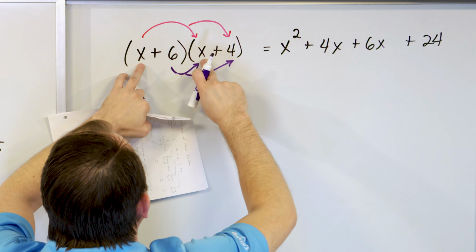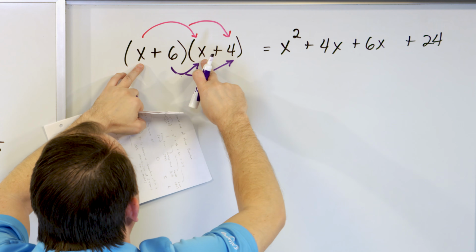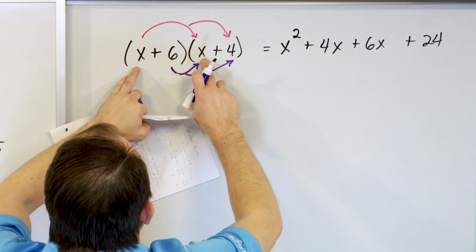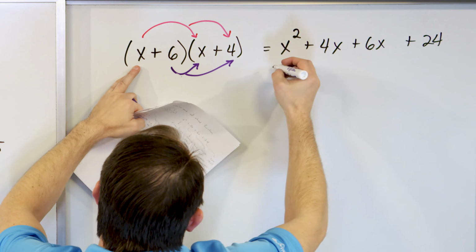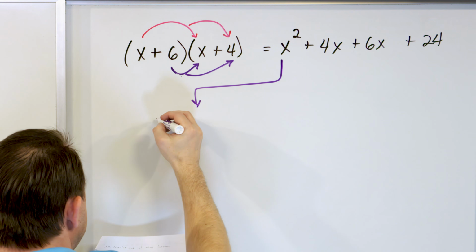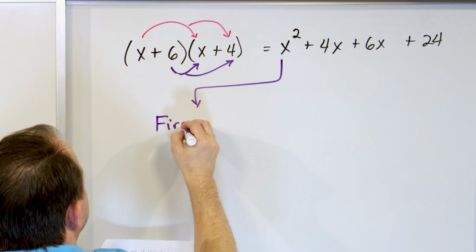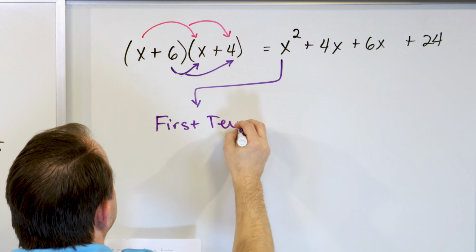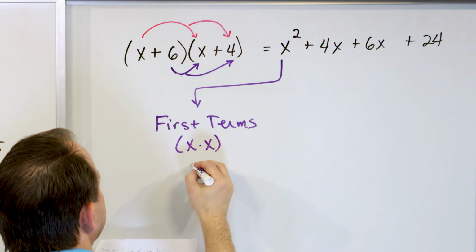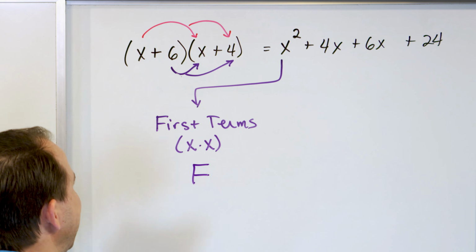The x and the x are what we call the first terms, because this is the first term of this one and this is the first term of this one. So this is called first terms, and that was x times x. Because it's first terms, we're going to put an F there.